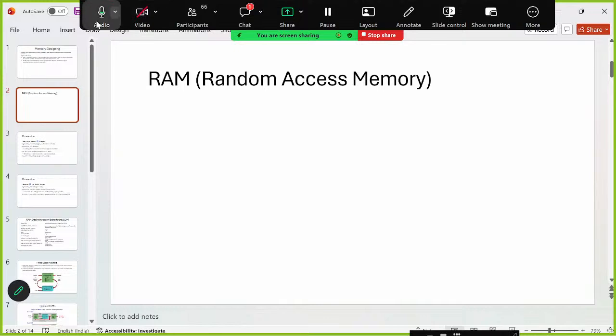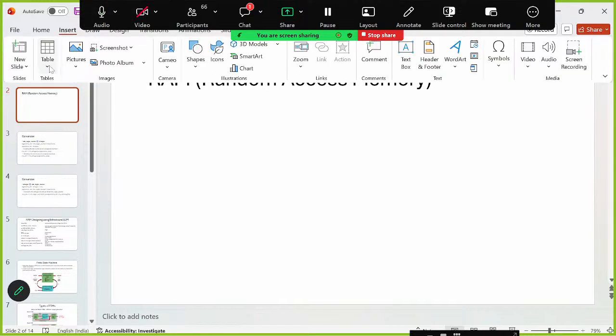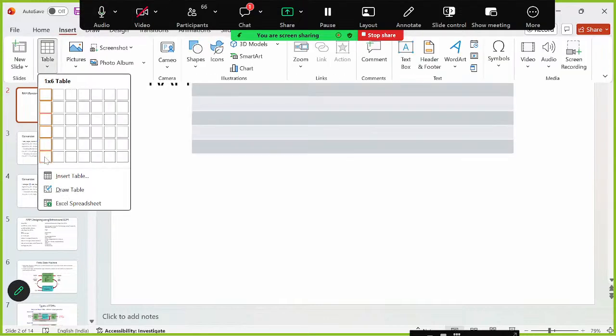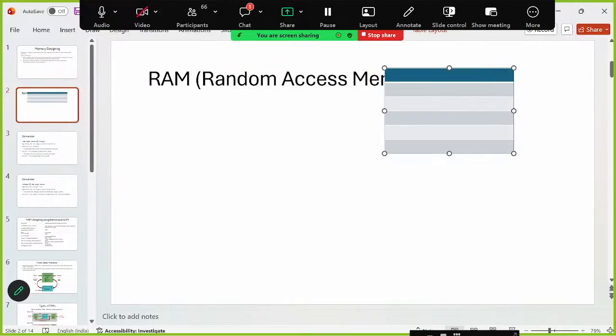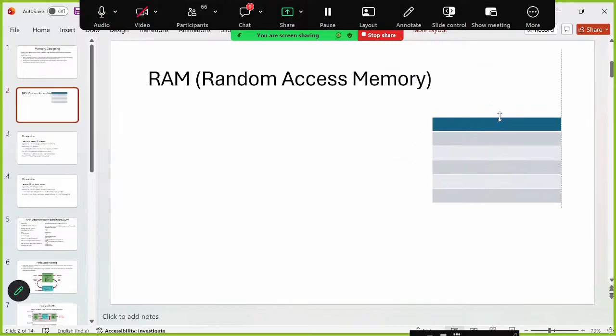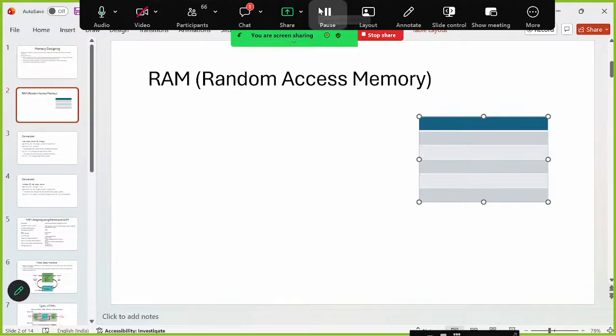I'm assuming that I have this RAM. Let's say this is a RAM. Each row is representing a register, just like this.